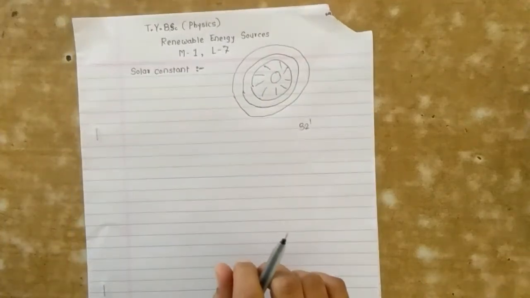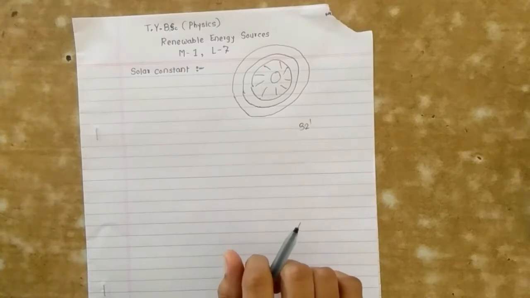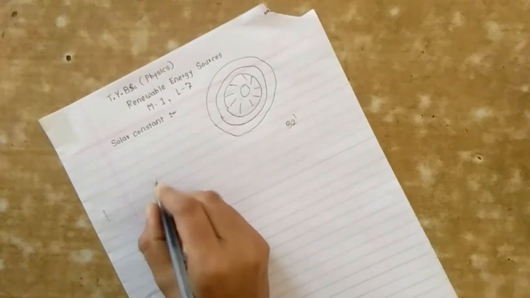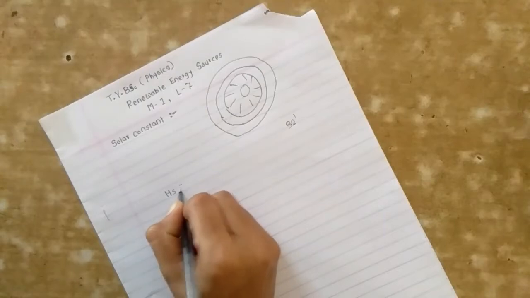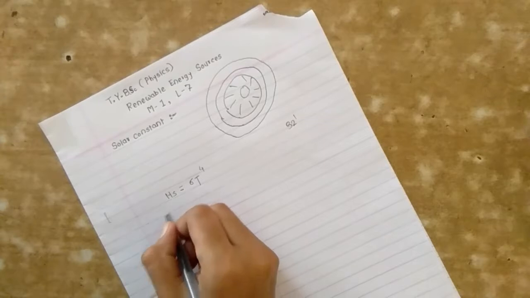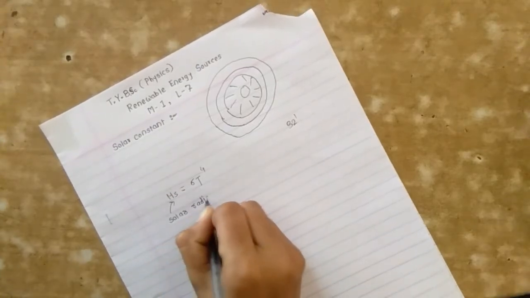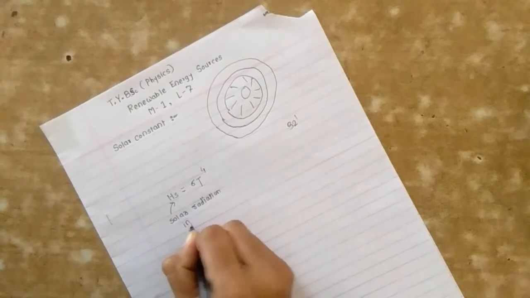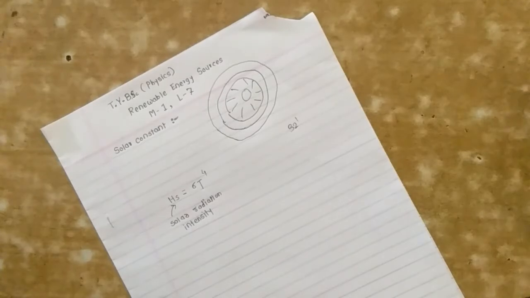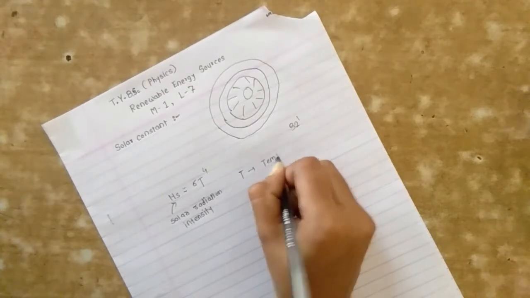As we consider the sun a black body, it obeys the Stefan-Boltzmann law. The Stefan-Boltzmann law is given by Hs equal to sigma T raised to 4, where H is the solar radiation intensity and capital T is the temperature of the sun.